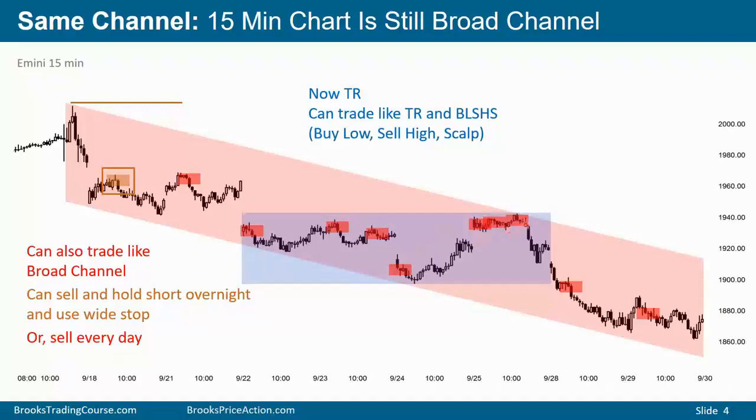So traders will sell reversals down, taking a chance that we will not get above these highs or above that high. If you're day trading on a 5-minute chart, you're going to be exiting at the end of the day, or you'll be exiting on a reversal up from a prior low.